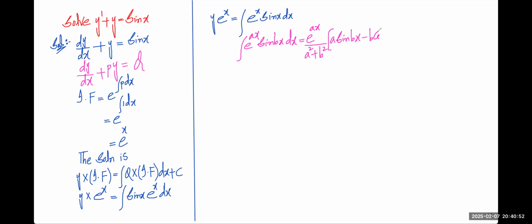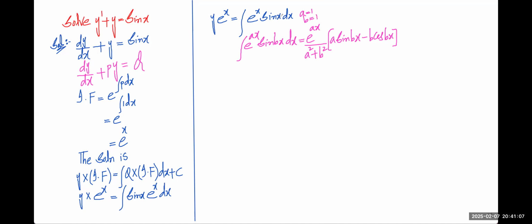If you compare, we can say that our a value is 1, our b value is also 1.